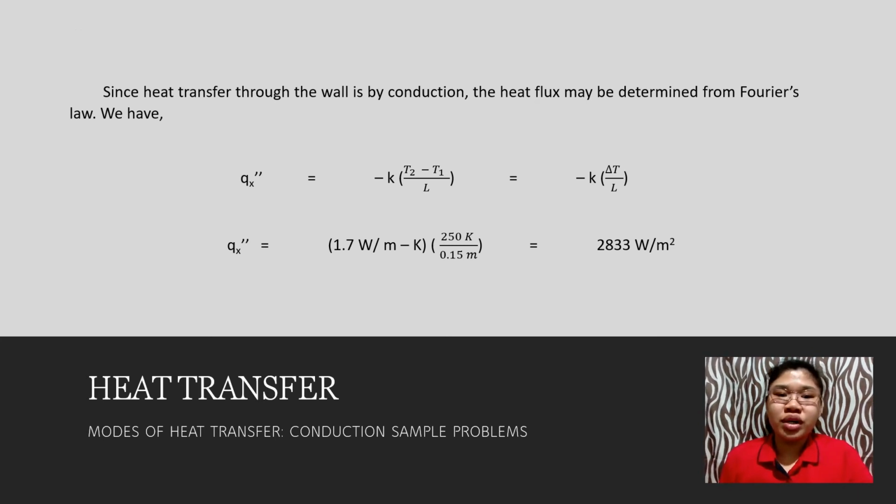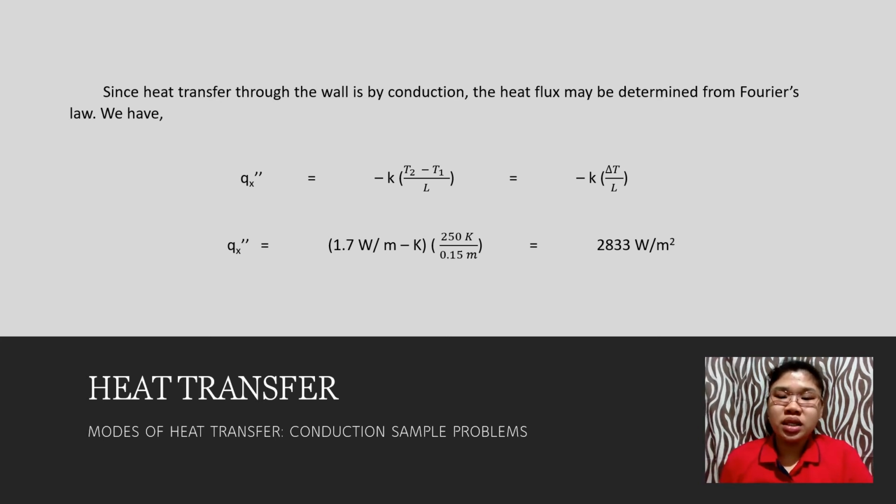Since heat transfer through the wall is by conduction, the heat flux may be determined from Fourier's law. So we have heat flux equal to negative of the thermal conductivity multiplied by the change in temperature over length.